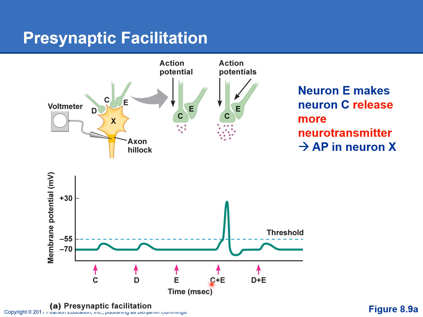If we look at C and E firing at the same time with presynaptic facilitation, you can see that by increasing the amount of neurotransmitter released by neuron C, we get a bigger EPSP produced in the postsynaptic neuron X, and we reach threshold at the axon hillock, and we can produce an action potential in neuron X, and then that gets sent down to the axon terminal in X.